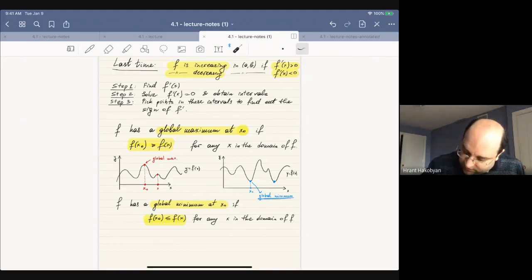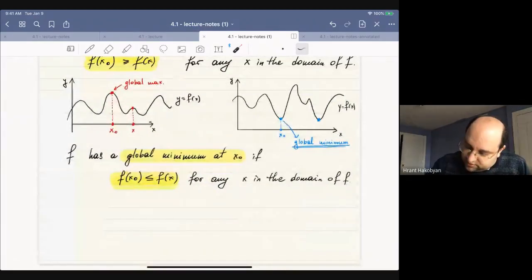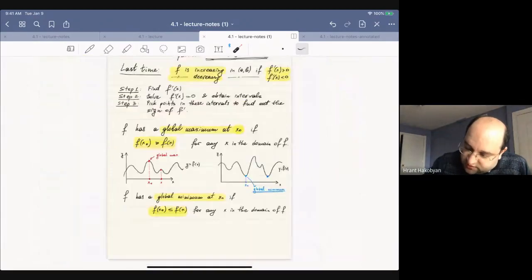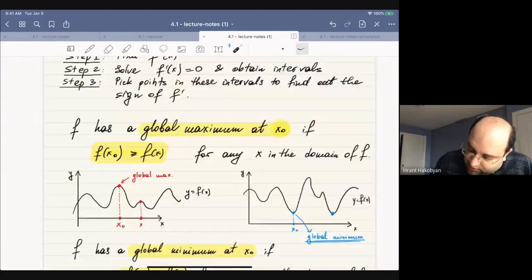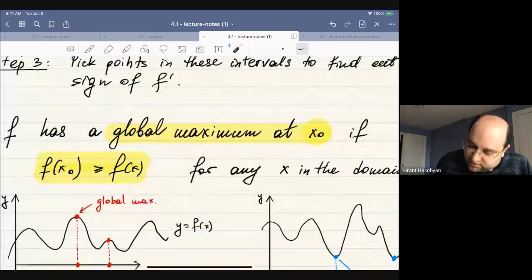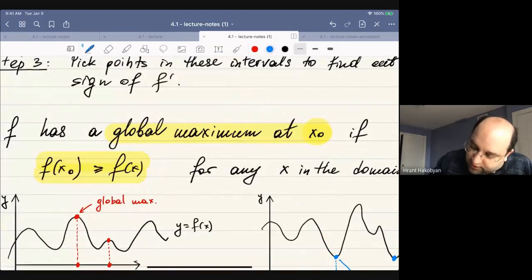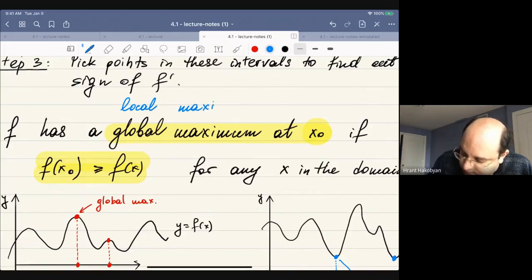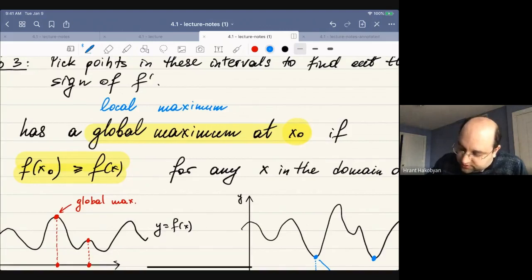So let me give you the definition here. Let me actually change this definition a little bit. Here is my definition of global maximum, and instead of global, I'm going to change this to local maximum. So what if I have a local maximum? Well, the whole thing would be the same, but all I would have to change is this.